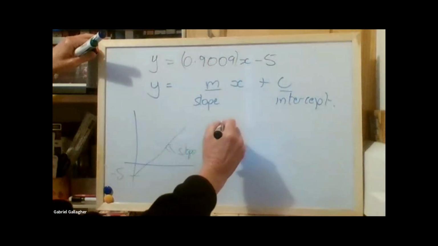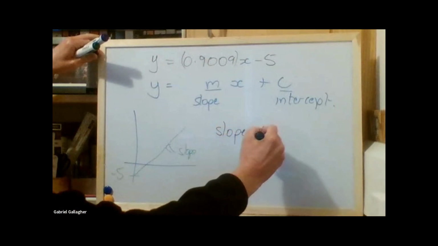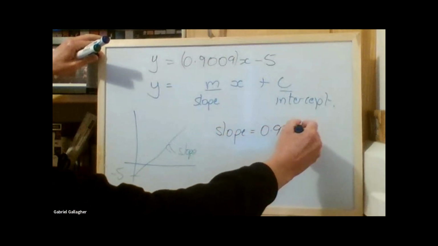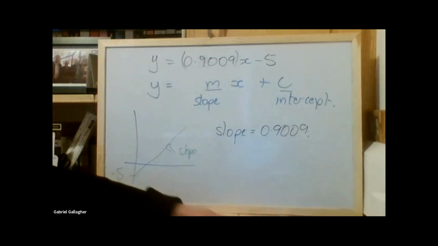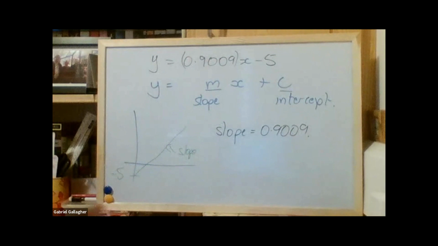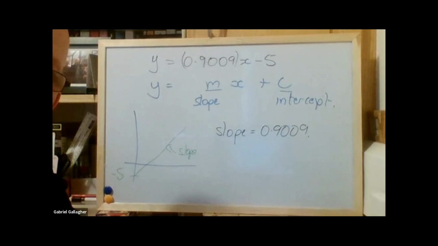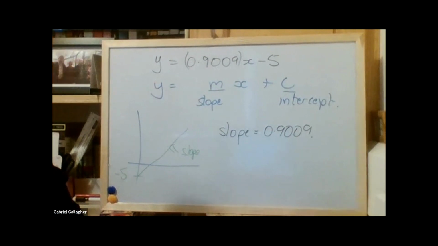The slope of my line is 0.9009, or the gradient if you're more used to calling it gradient. So Excel has plotted the graph and given you the slope in quite a few simple steps. Generally, you use the slope, then you have one final stage in the experiment. You use the slope to get your final answer.